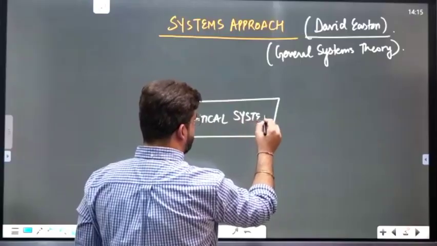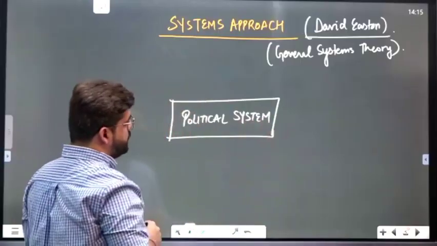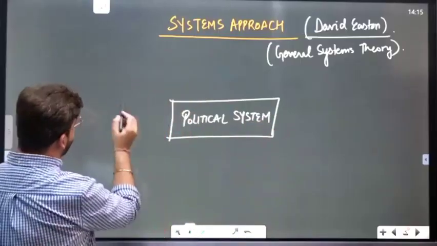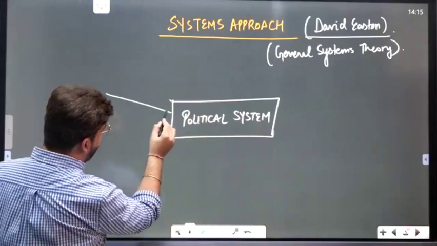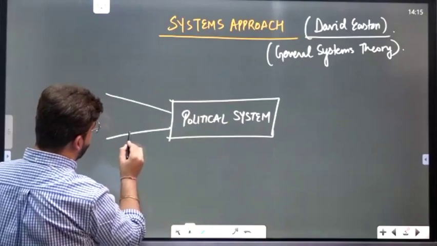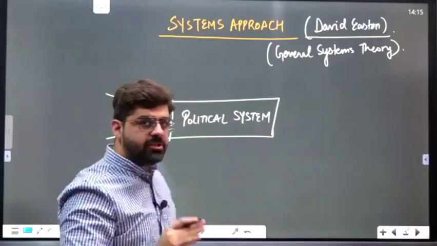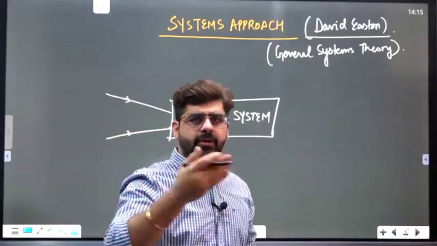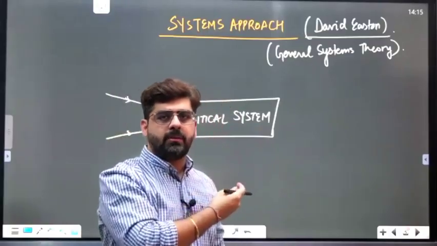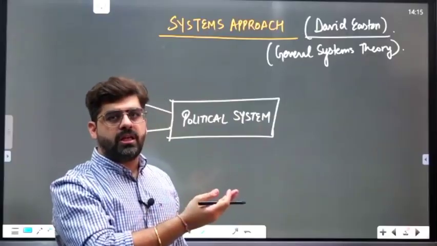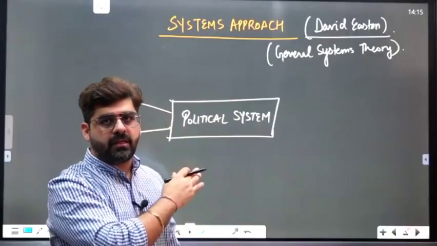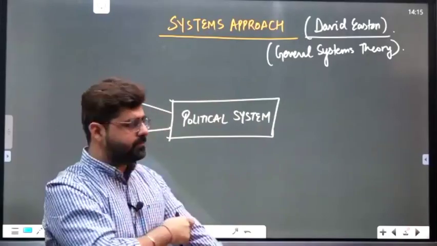So what is this political system? David Easton says that in this political system, I am trying to devise a framework which is scientific and universal, which can be applied anywhere. You can apply this to India, to the US, to the UK, to Kenya, to African countries, you can apply this anywhere.